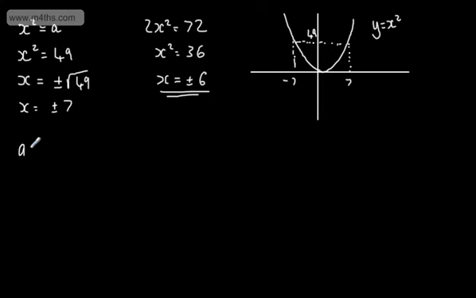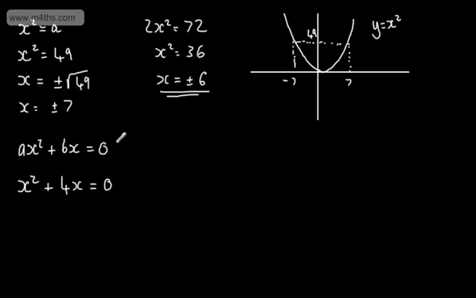The next type are when we have ax squared plus bx is equal to 0, or something along these lines. For example, we might have x squared plus 4x is equal to 0. We're going to look at a method to solve this quadratic equation.